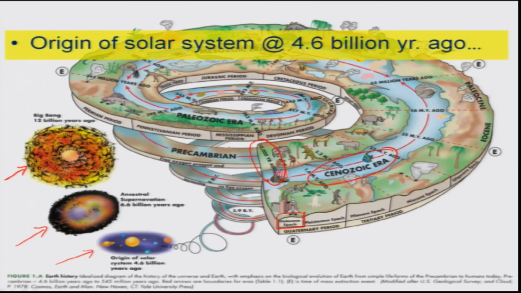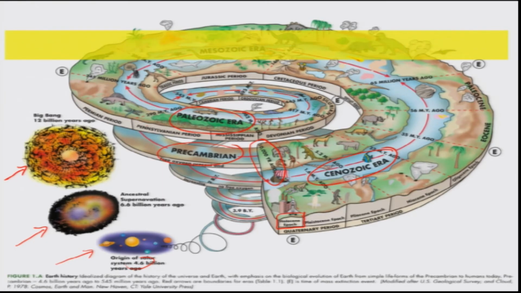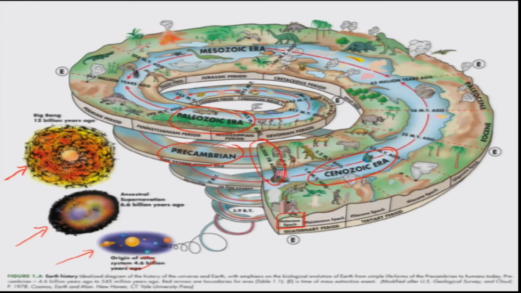It starts almost 4.6 billion years back, and slowly gets into the eras, what we call the Precambrian, then the Paleozoic, then the Cenozoic part, and then the Mesozoic one.